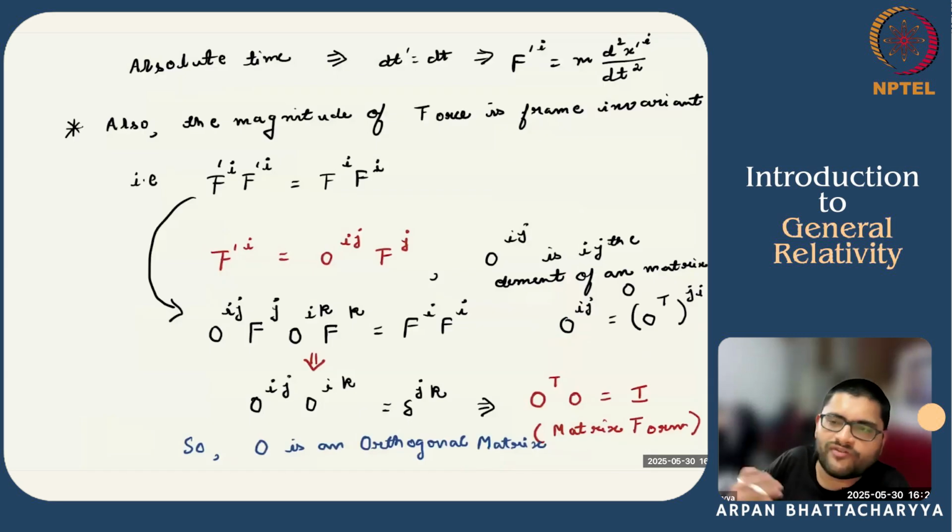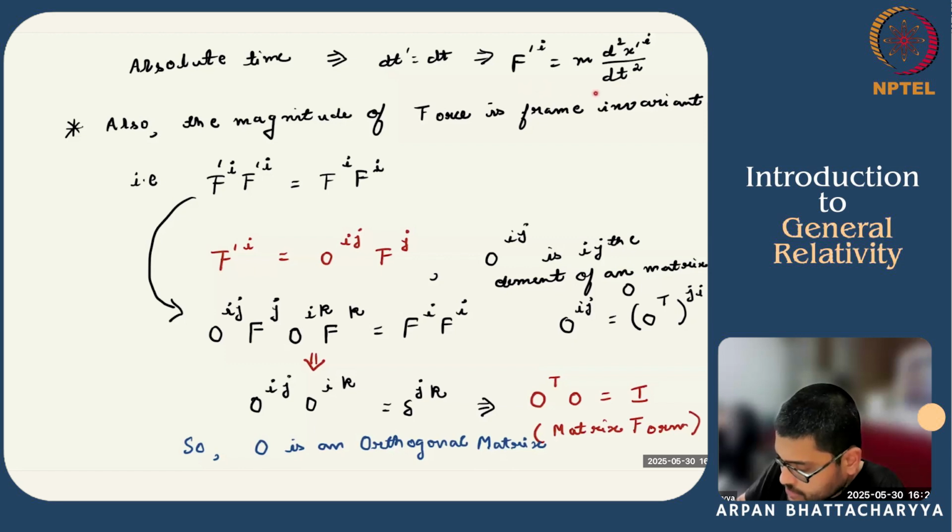Now we use the fact that time is absolute, which means that the time interval dt prime is equal to dt. If you do that, then F prime becomes this. So we have replaced dt prime by dt in this formula. Also, it is evident that the magnitude of a force is frame invariant.